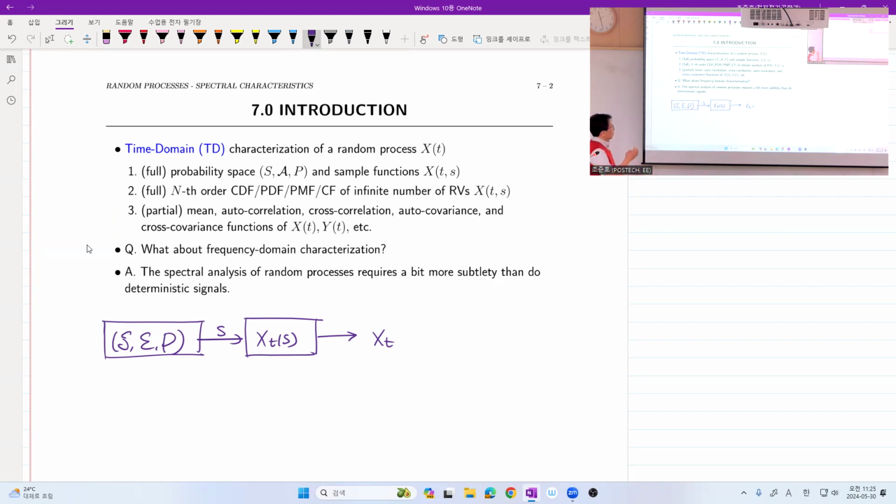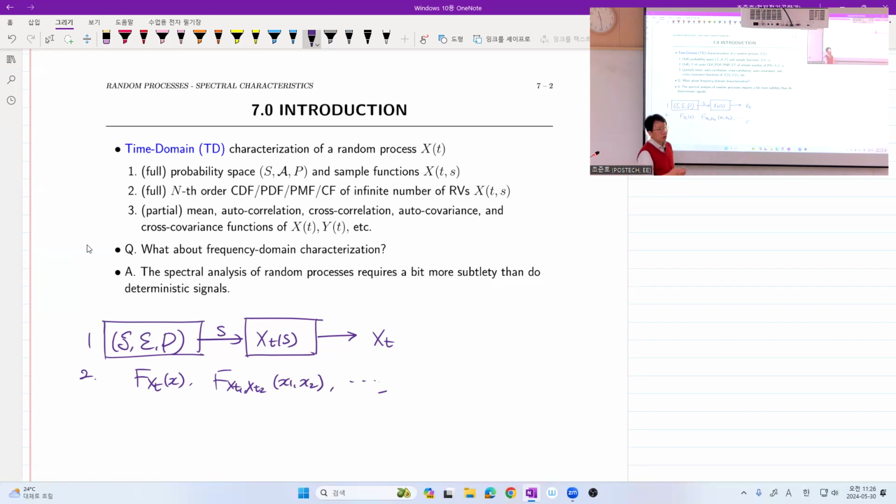Now, from this one, we defined what? How did you fully characterize? The alternative characterization was done by Kolmogorov's idea. And Kolmogorov's idea is what? Handle each one sampled at some specific time instant as a random variable. So this is 1, and 2 is that, okay, first order CDF, second order CDF, and so on, must be consistent, right?